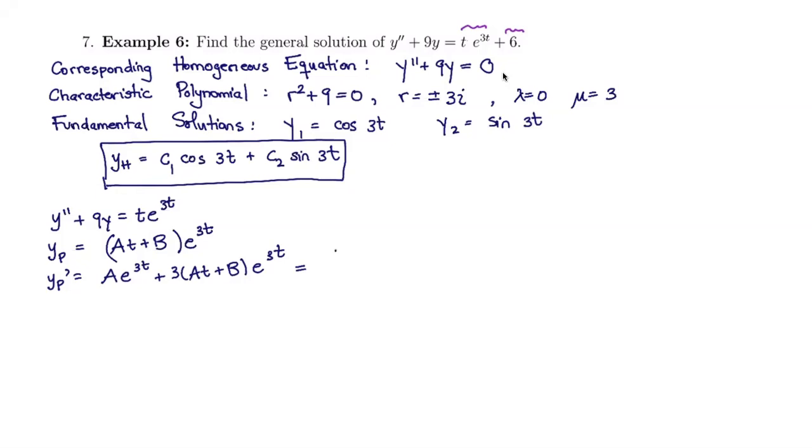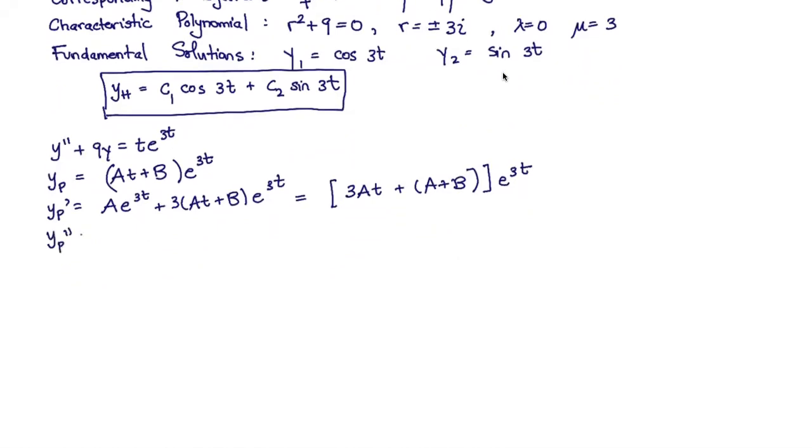When we do, we will find that we get the following: 3at plus a plus b, all times e to the 3t. This will make it easier for us when we have to go find the second derivative.